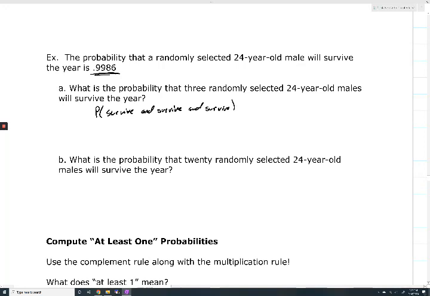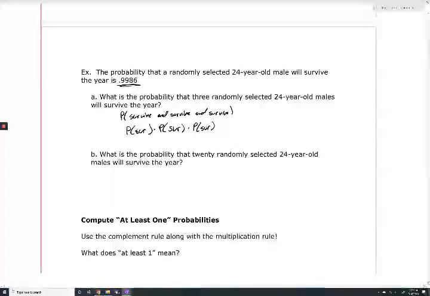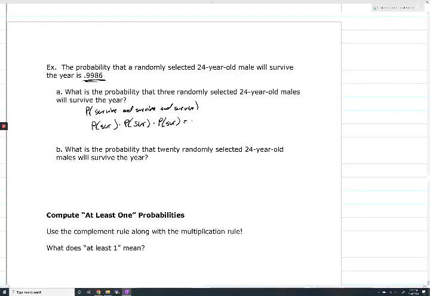So what that really is, probability of survive times the probability of survive times the probability of survive, which in math we simplify to the probability of surviving cubed. So the more of the same thing we have, we just keep raising it to a certain power.